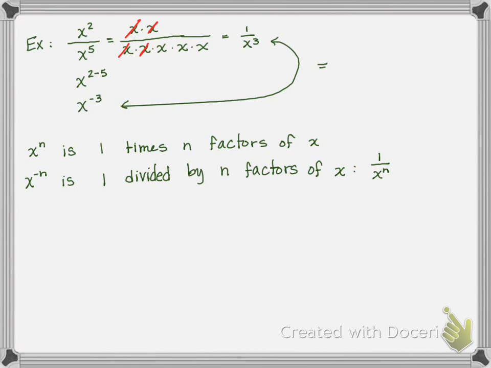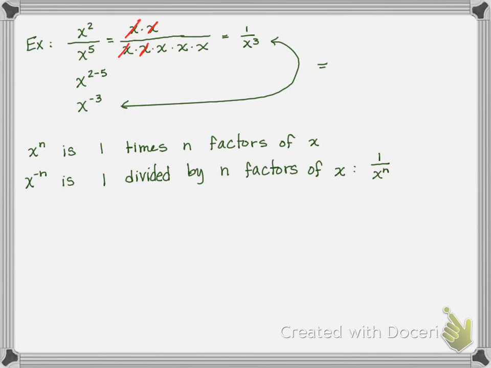We have to be a little bit careful with this definition because the way that the rule is stated makes a lot of people feel like anytime they see a negative exponent, they have to write a fraction with a 1 on top, which isn't actually the case.